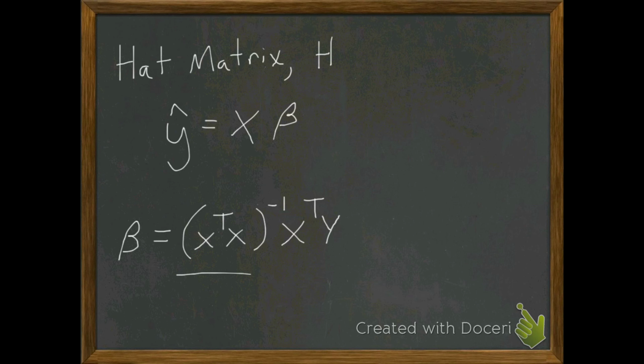So if we put this in for beta, we will end up with y hat equals x transpose x inverse x transpose y.